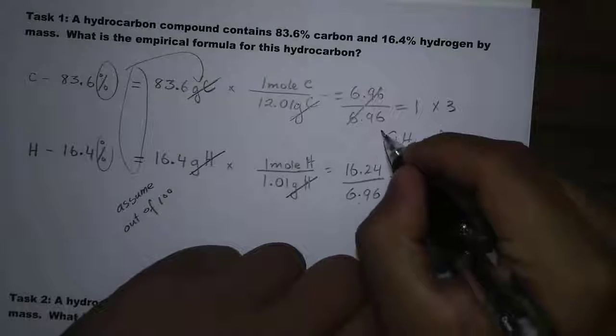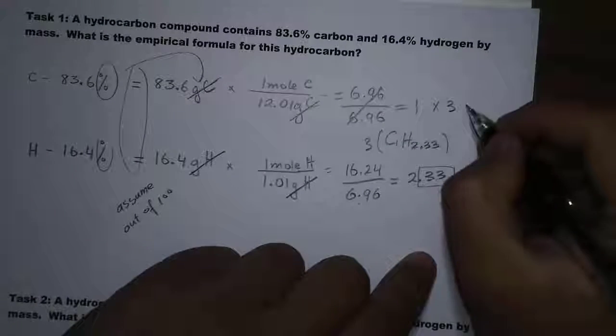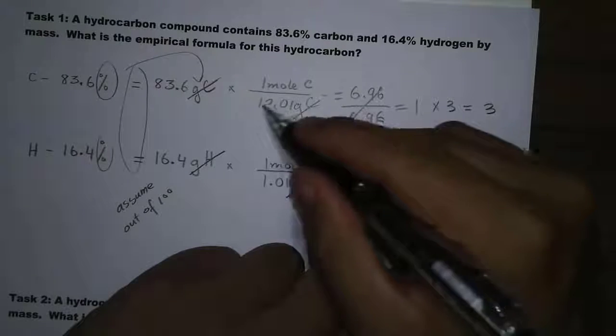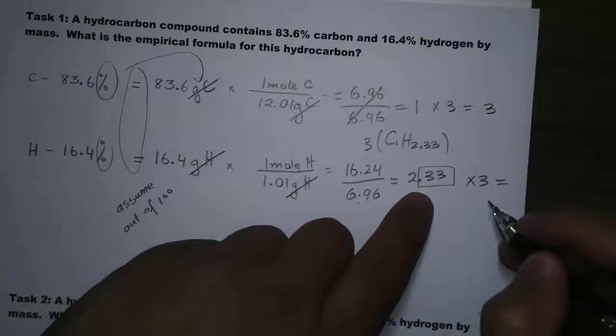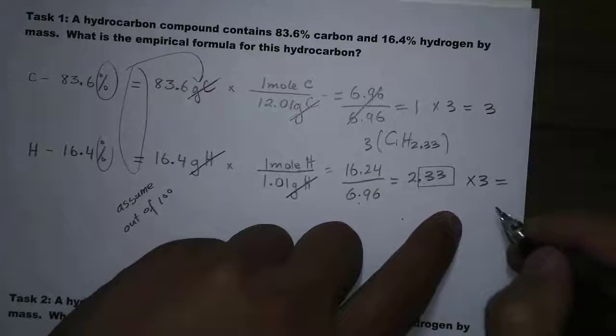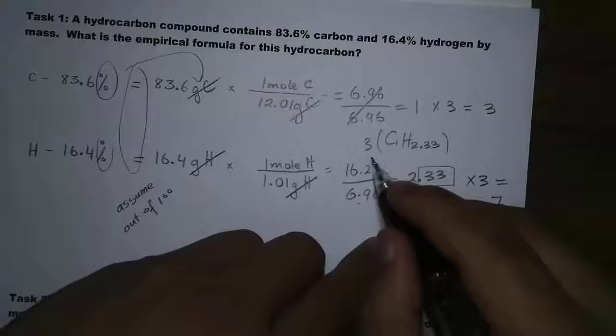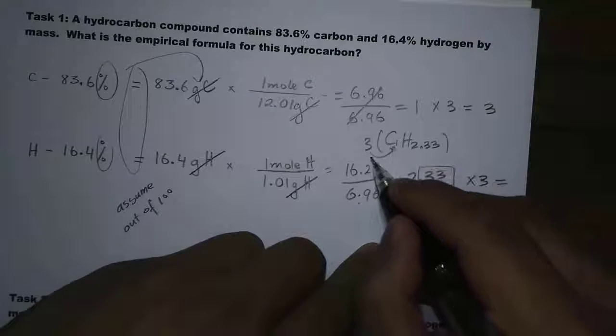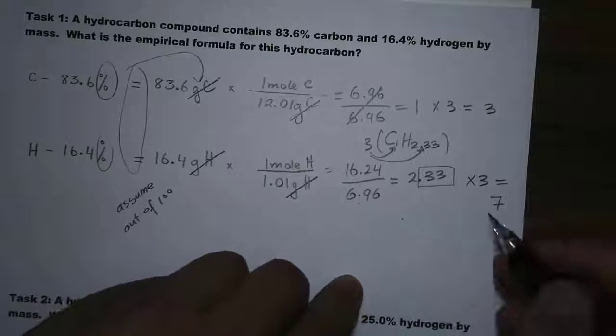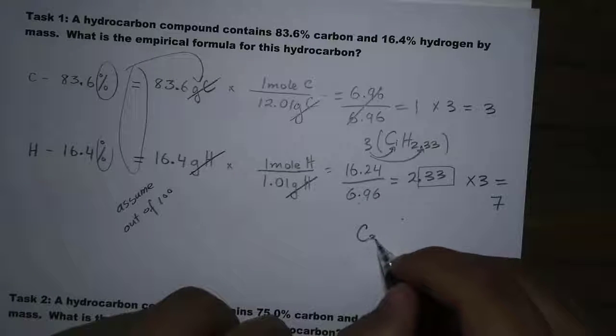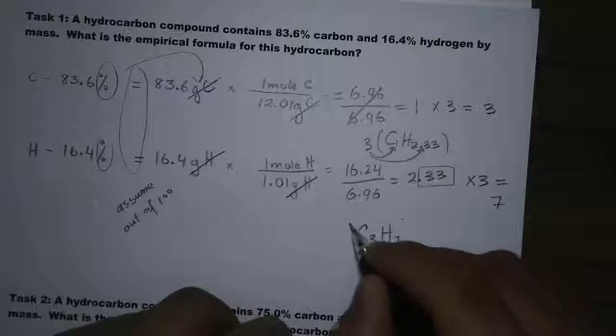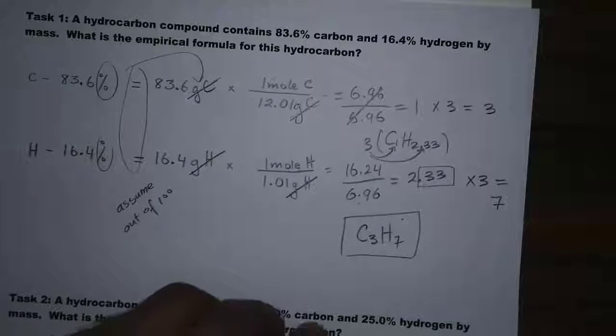And that will give us 3 carbon. And 2.33 times 3 gives us 7. Or if we can multiply and distribute right there, it's the same method. So our answer is C3H7. This is our empirical formula.